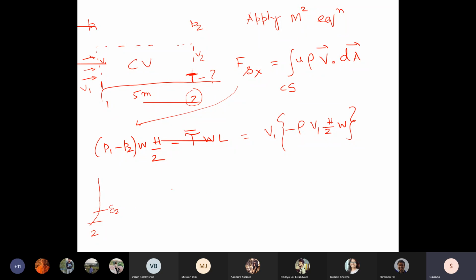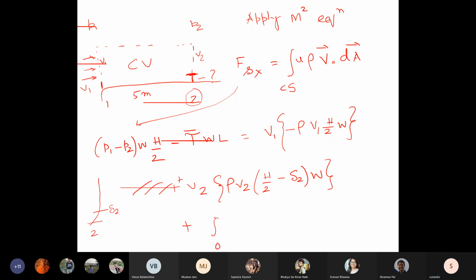So what we have then is, but I also need to include the momentum which goes out through flow through the boundary layer, which is u rho u w dy.